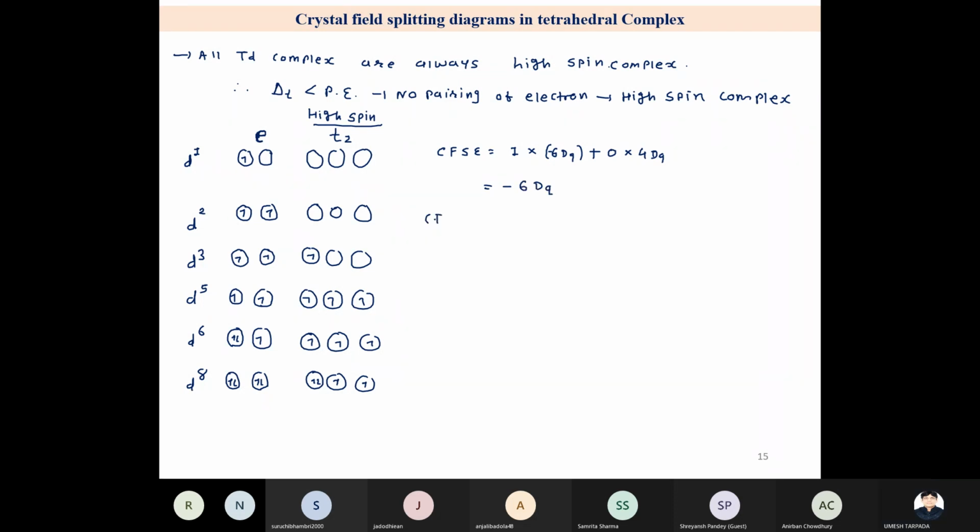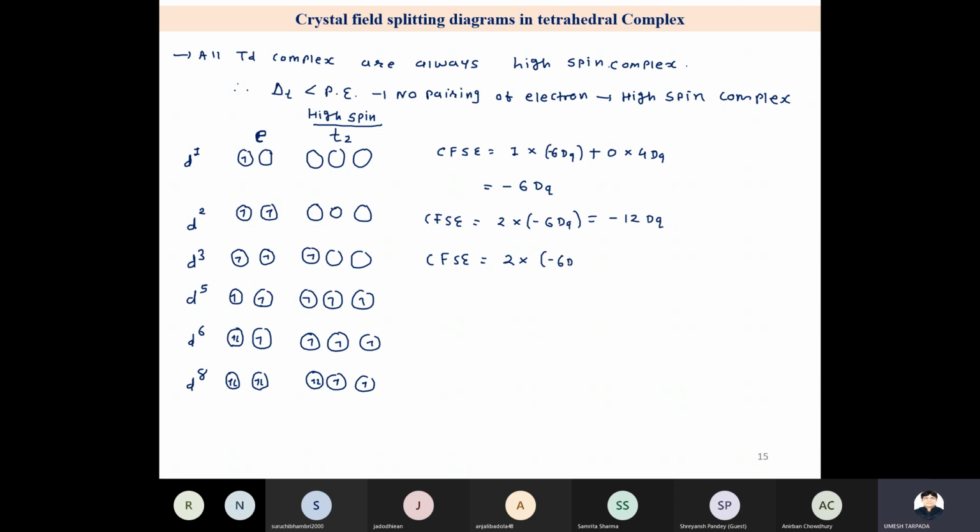What about crystal field stabilization energy for d2? It's 2 into minus 6 Dq, so the answer is minus 12 Dq.